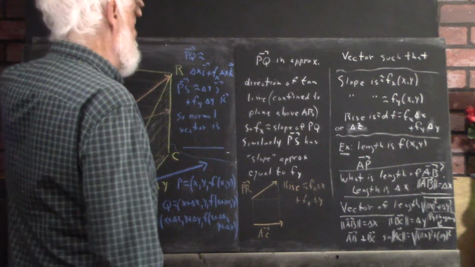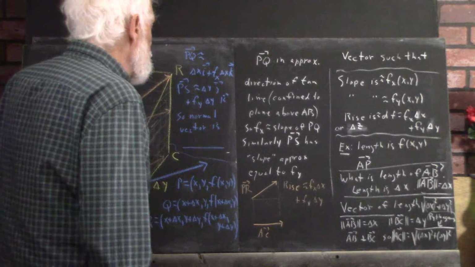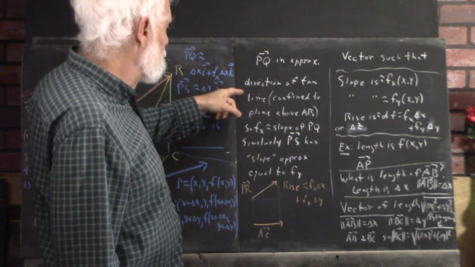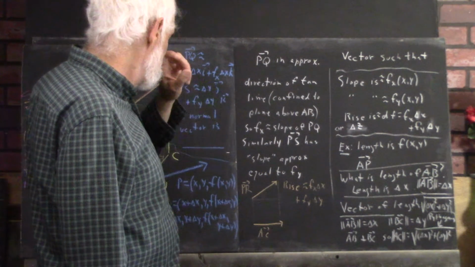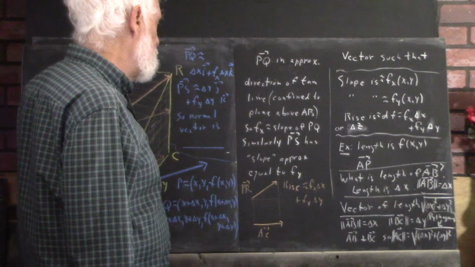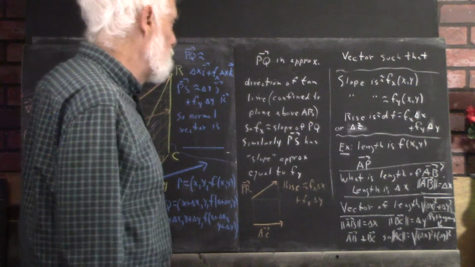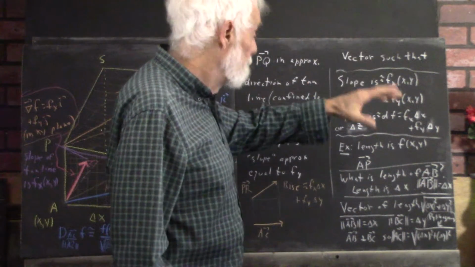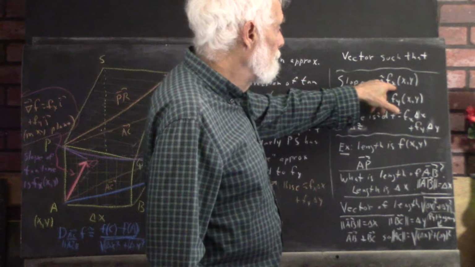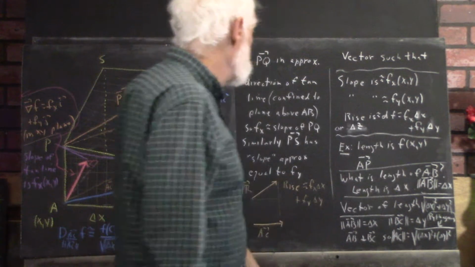Okay, next question. PQ is in the approximate direction of a tangent line. Actually, what I'm doing now, sorry, is going back and answering these questions. So, a line where the slope is fx of xy.